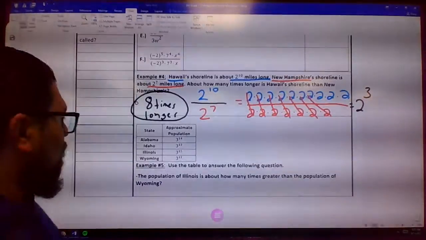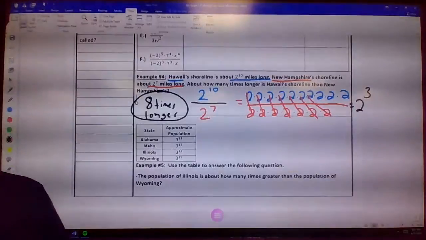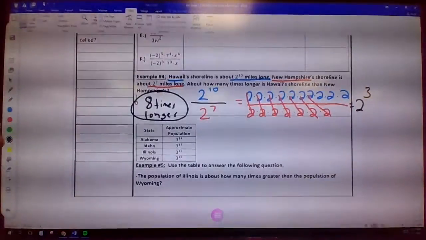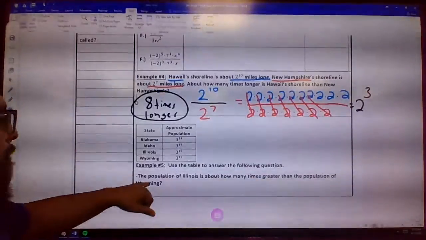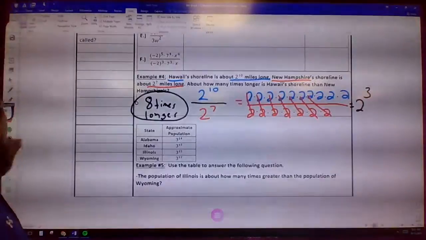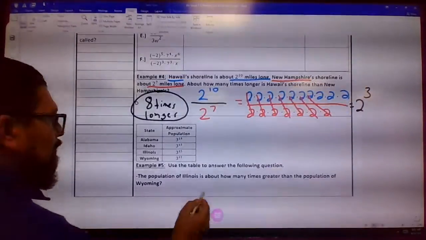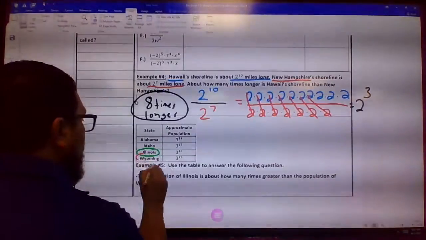Okay. All right, let's go ahead and do example number 5. Example number 5 says, use the table to answer the following question. The population of Illinois is about how many times greater than the population of Wyoming? So this is Illinois and this is Wyoming.